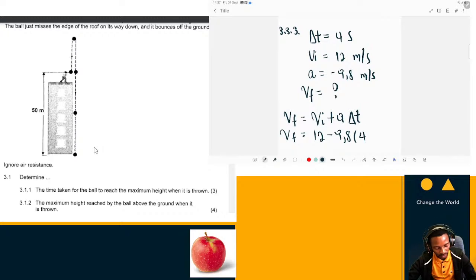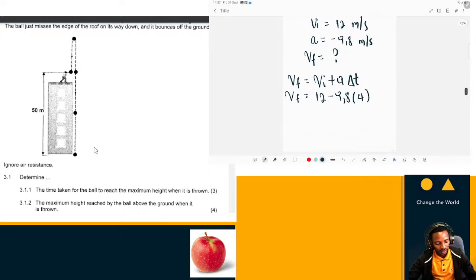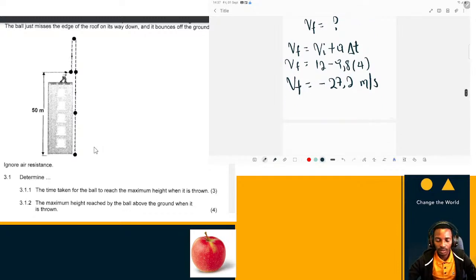So after 4 seconds, our V final will be 12 minus 9.8 times 4, which is minus 27.2 meters per second. All right, so final velocity is negative.